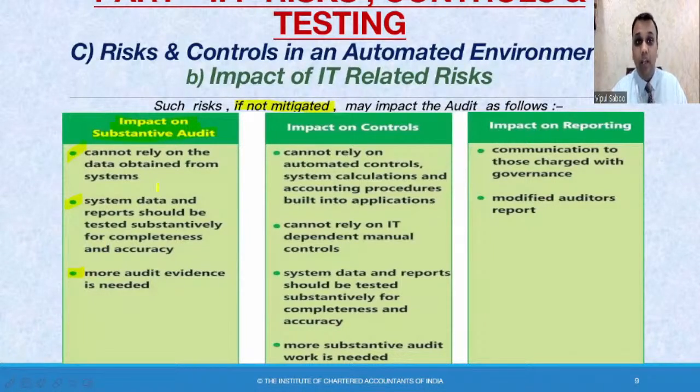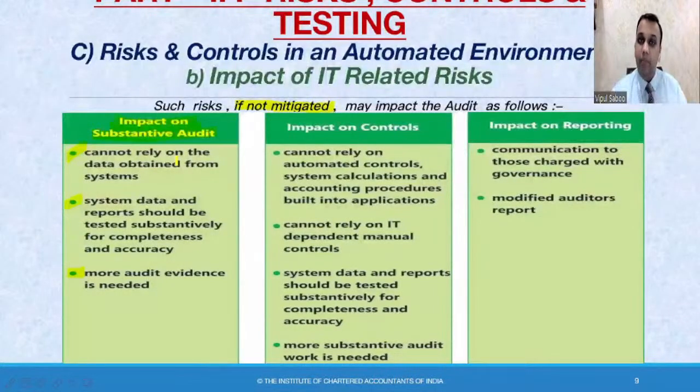So what does it say? I cannot rely upon the data obtained from the system. You have given me this trial balance, this workings and all that. I cannot rely upon this. Your controls are weak, man. I'll check your data substantively to check whether the data is complete and accurate. And if it is not complete or accurate, you'll have to put controls in place. You'll have to give me complete data and accurate data.